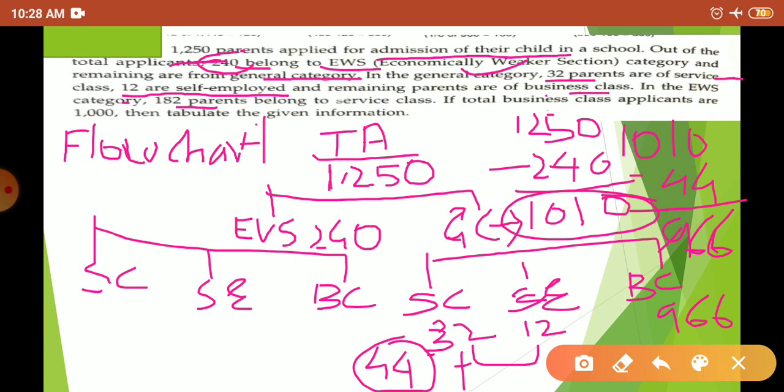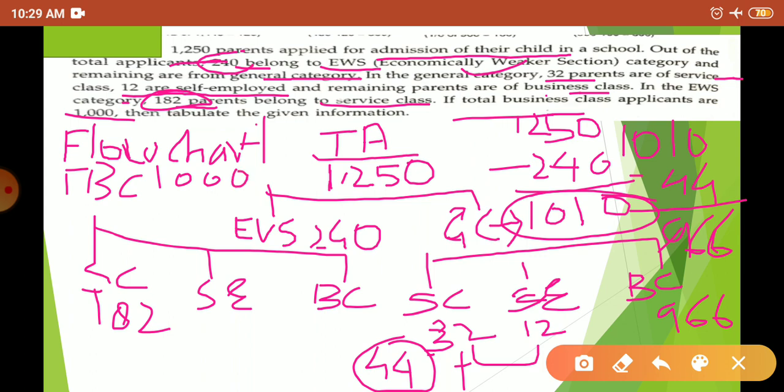In the EWS category, 182 parents belong to service class, so we will write service class 182. Total business class applicants are 1000. Here the total number of applicants is given, so total business class is 1000.